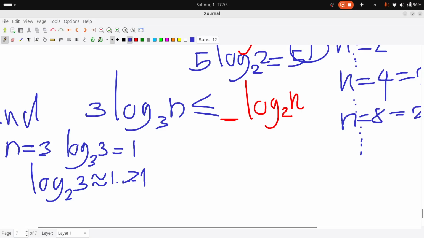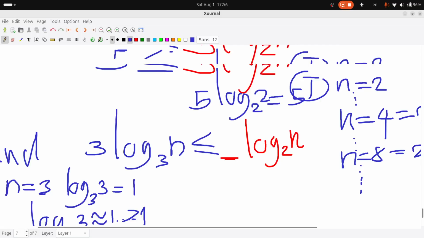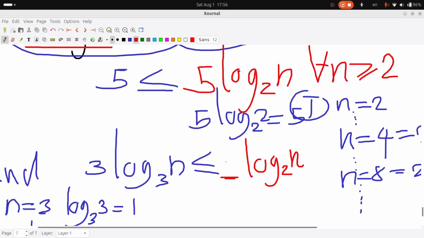It's some floating point number greater than 1. So I will use some large constant c that is greater than 3. For safety, I can choose 5 or 6.